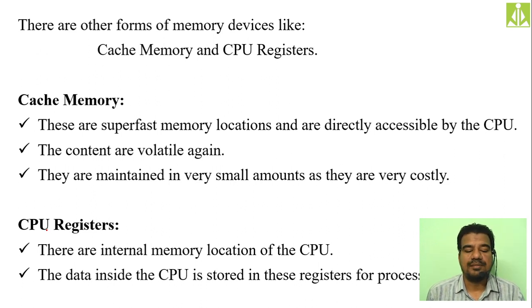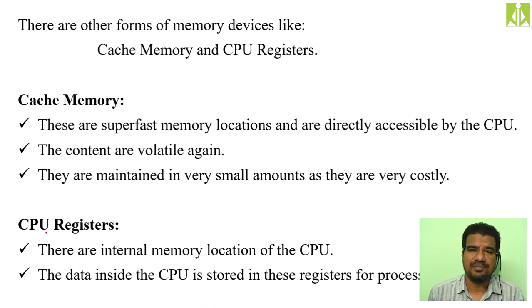The reason for maintaining this cache memory is to avoid the delays between reading and writing processes, because the CPU is very fast inside the computer. If the CPU is very fast, it needs the input or gives the output very quickly.